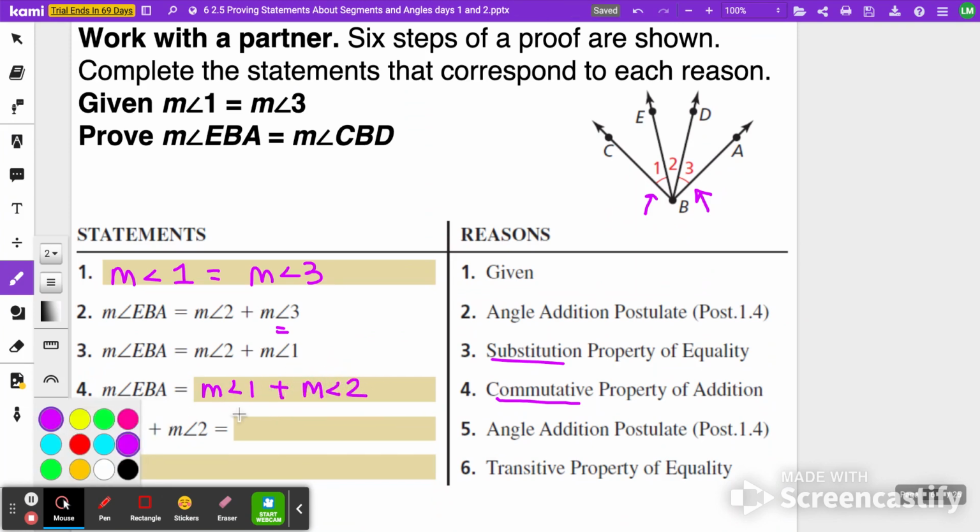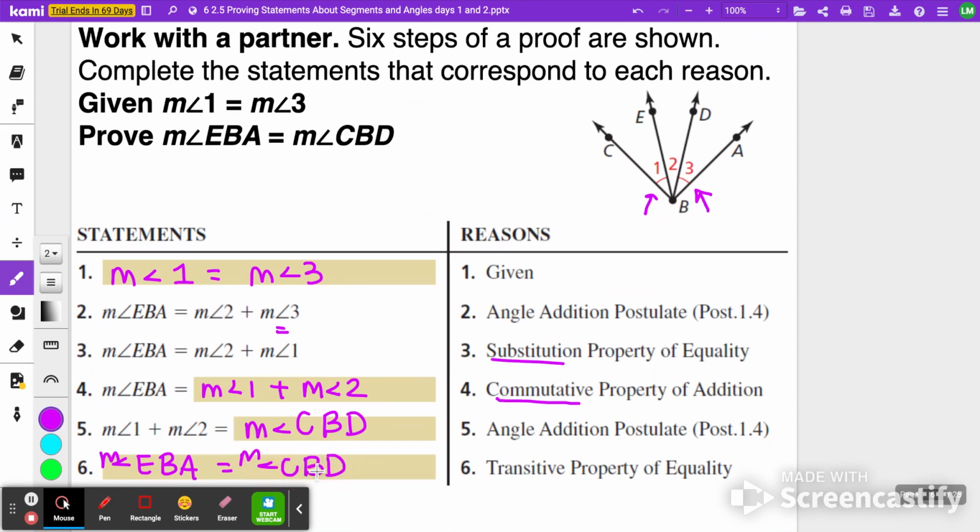So if the measure of angle 1 plus the measure of angle 2 is given, if you look back up here, the angle addition postulate, angle 1 and angle 2 is C, B, D. So that is equal to the measure of angle C, B, D. So to use that transitive property, that means the measurement of angle E, B, A is equal to the measurement of angle C, B, D.